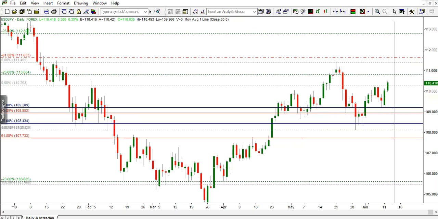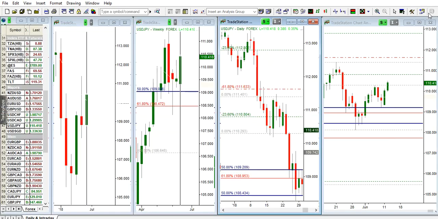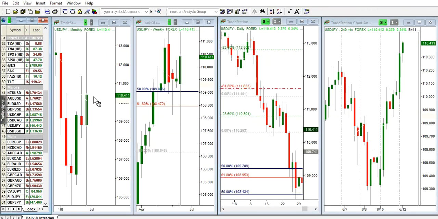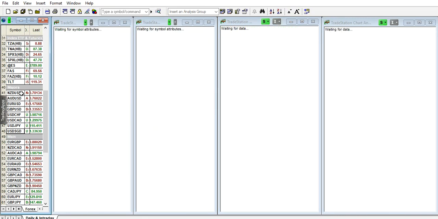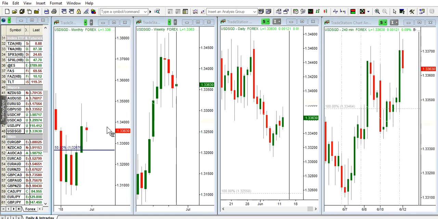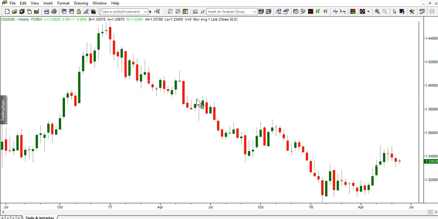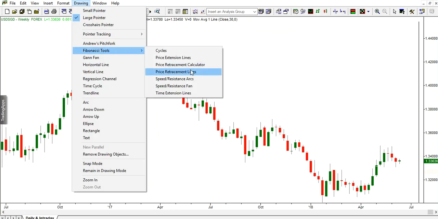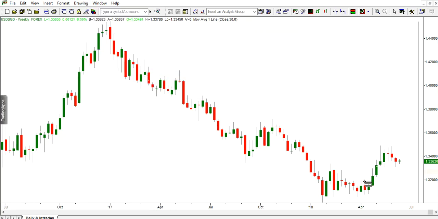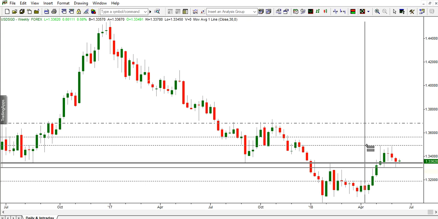So we're seeing a move higher here in the dollar Japanese yen, anticipating maybe strength in the dollar index in the coming days. US dollar Singapore dollar here. This market behaves and follows, or we use it as a proxy of the dollar index here.